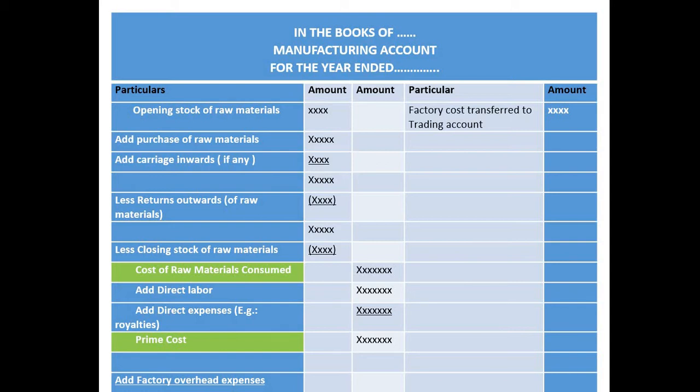That is the number one reason as to why we transfer factory cost if not given the opening work in progress and closing work in progress, or cost of production if opening work in progress and closing work in progress is given. So number two, the second reason is the factory cost is transferred to trading account, or cost of production.